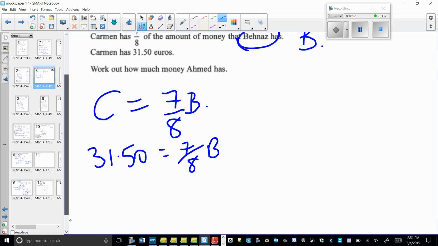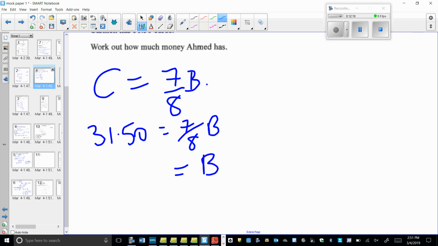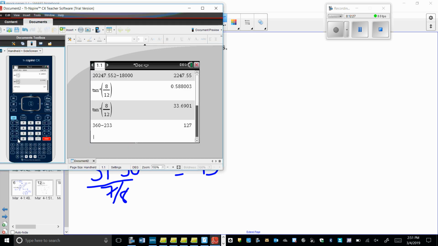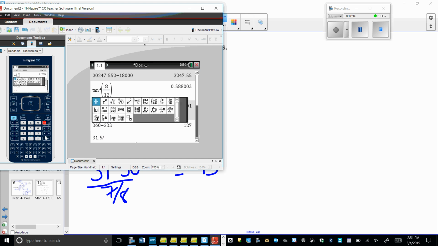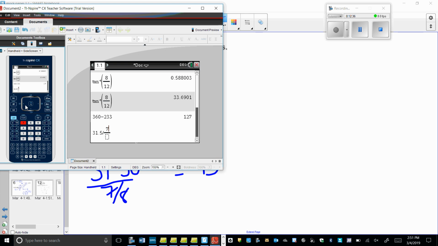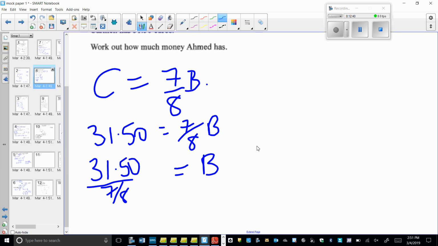Which means that we can find his by doing 3150 divided by 7/8, which is 36.